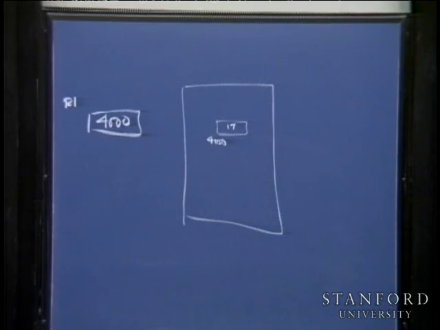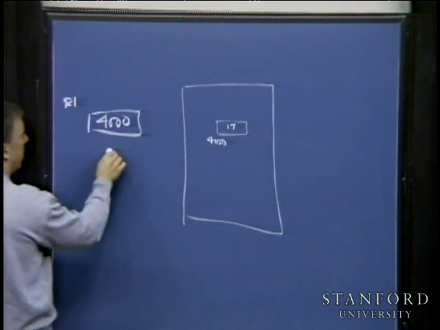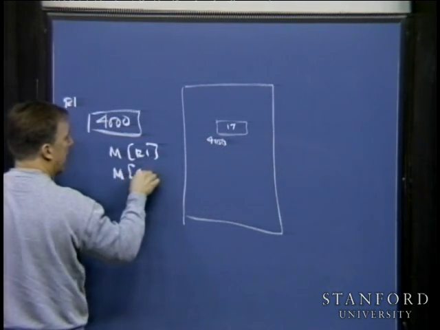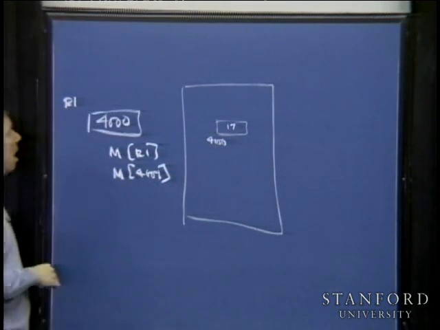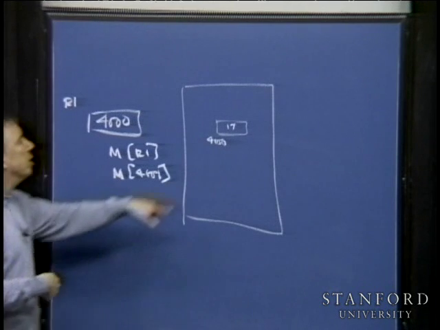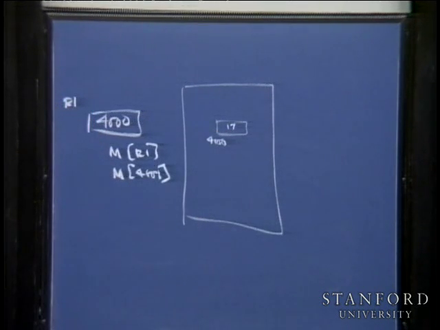Okay, that would make sense. So by effectively doing M of R1, in this particular case, I'm doing M of 4000, because that's what R1 evaluates to. And by default, we always deal with 4-byte transfers. So this would get a 17 to play the role of happy face and would put a 17 right there. Does that make sense?